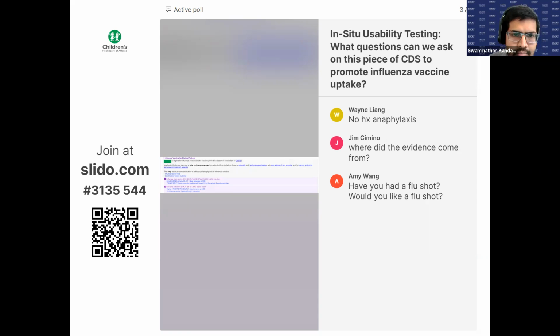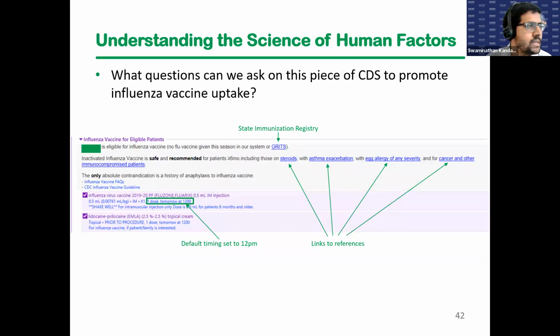And so if we are looking, there are multiple pieces to this piece of decision support. And if you see here, there's actually this link to the state immunization registry that actually gives information. If you go to this hyperlink, if they had questions on, did they actually get an influenza vaccine this flu season?